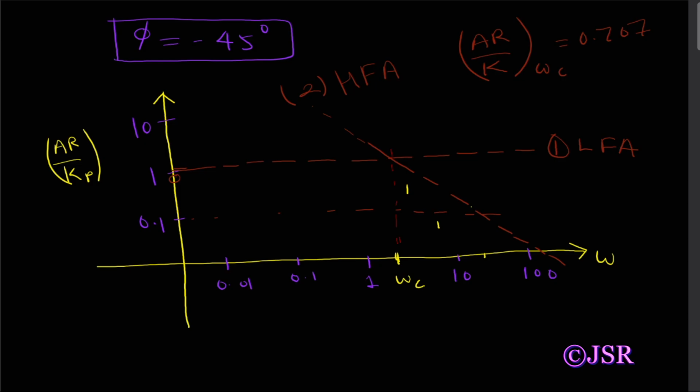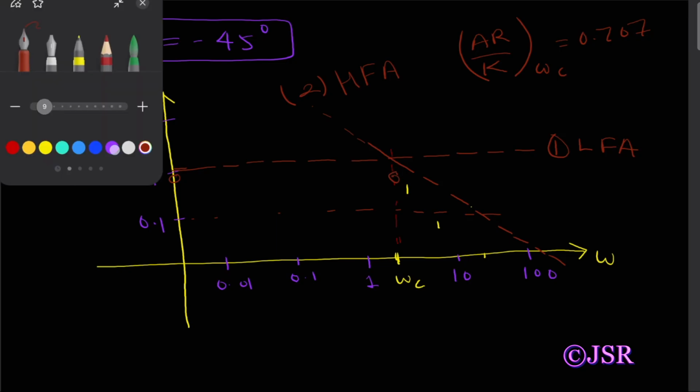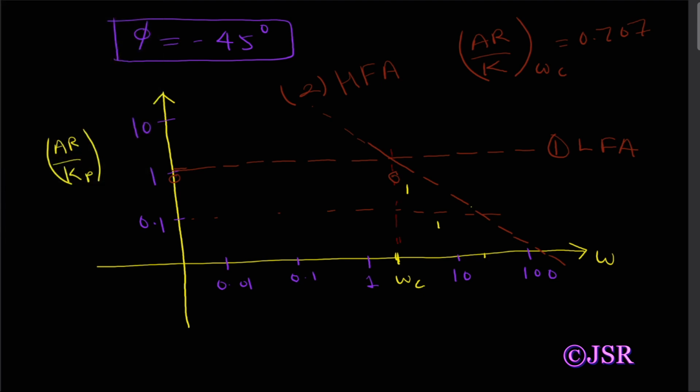So 0.707 will be somewhere here. So now we can draw the gain plot in this way.